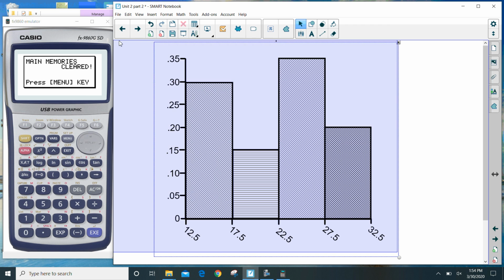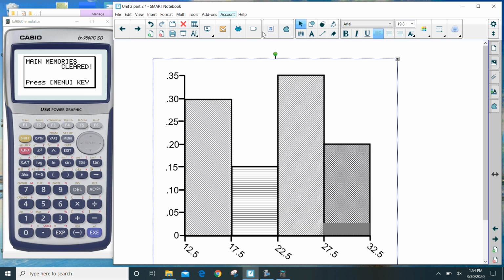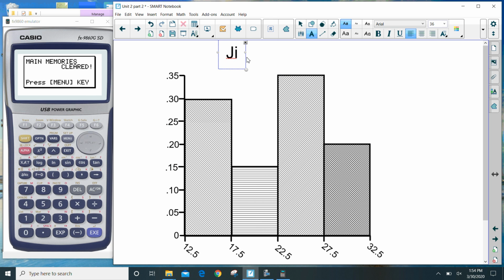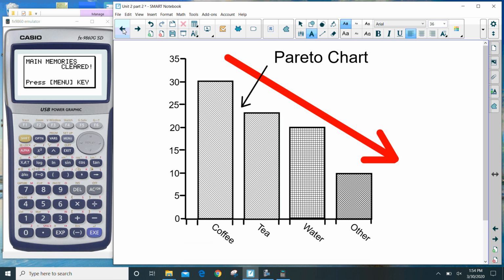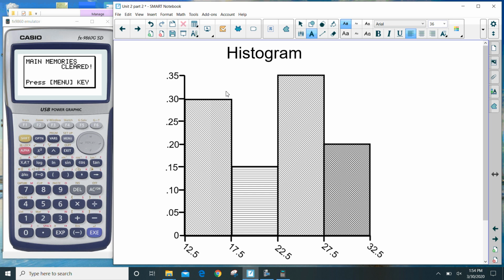Okay, next one. This is one that we used quite often in many of our different topics, and this thing is called a histogram. What a histogram is, it's a bar graph, but notice how the bars are touching. That makes a histogram.